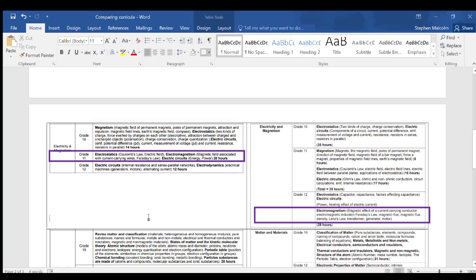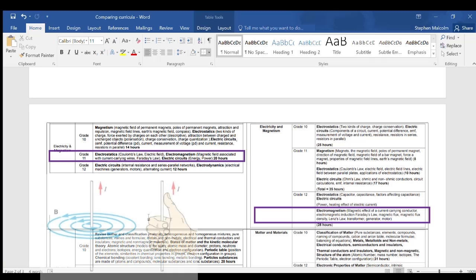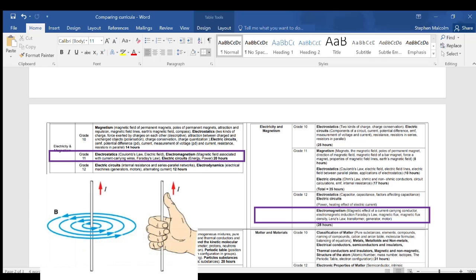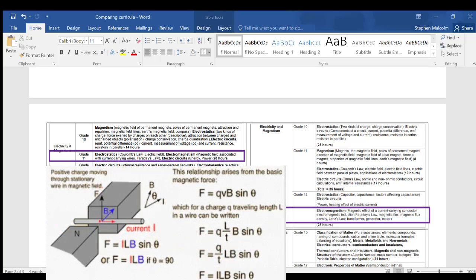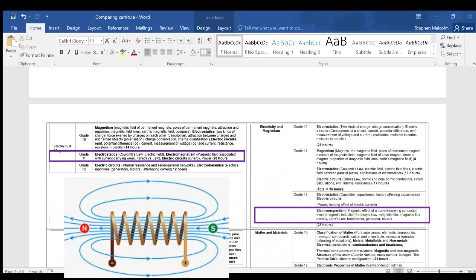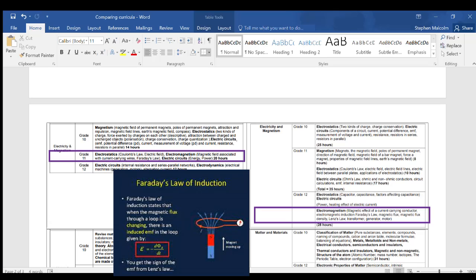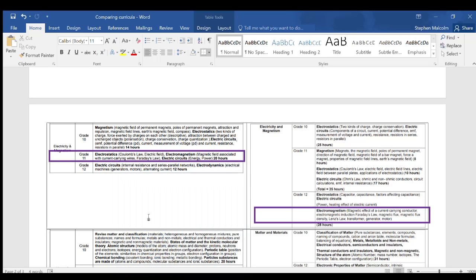Now let's look at the next topic, which is electromagnetism. In grade 11 in the Physical Sciences, electromagnetism is looked at in terms of Faraday's law and the generation of electricity. And in the Technical Sciences, it is looked at in terms of the force between current carrying conductors, as it is in the Physical Sciences.